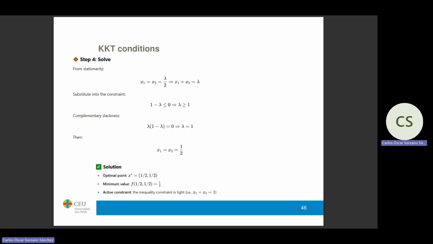In this case, x1 and x2 are 1 half, so we have equal to 1. So it is larger or equal 1, and it is equal to 1. So we say that the constraint is tightly met. So we are just on the boundary of the constraint, which is typically the case.